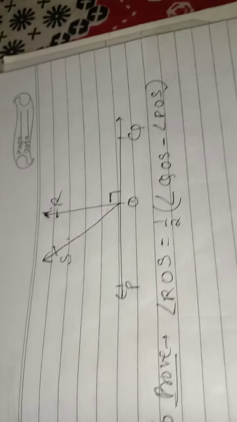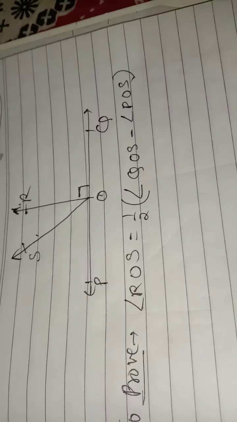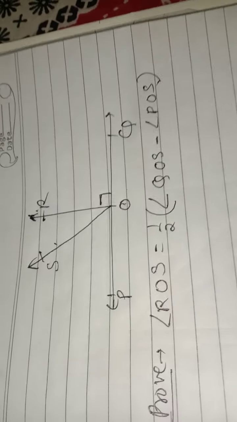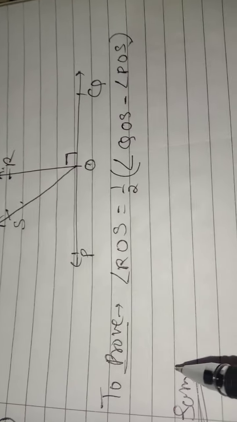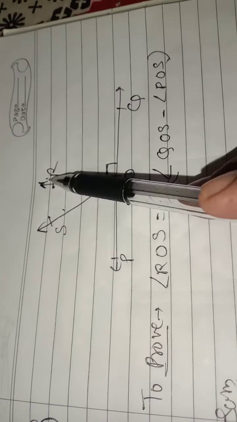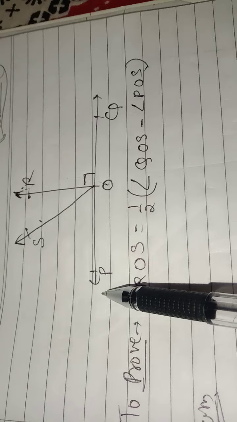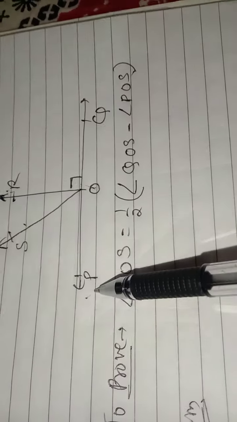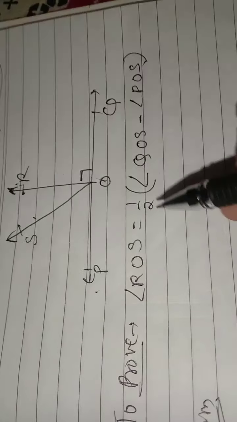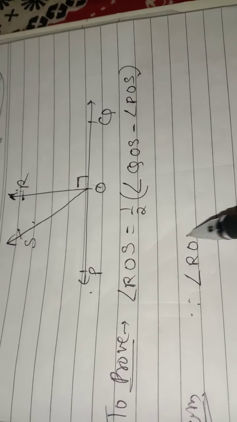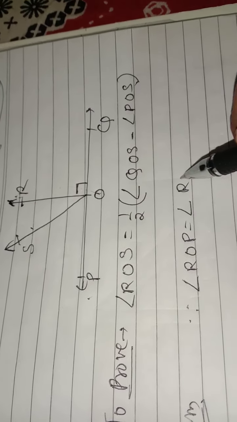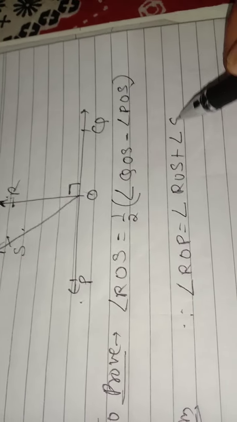Okay, so how to prove? Solution. Can you see angle ROP? ROP is 90. So I will write here, since angle ROP is equal to angle ROS plus angle SOP.